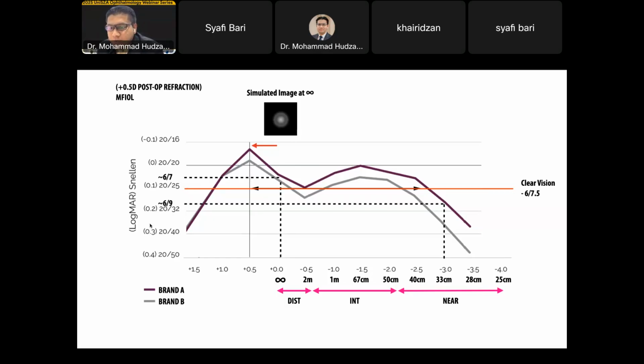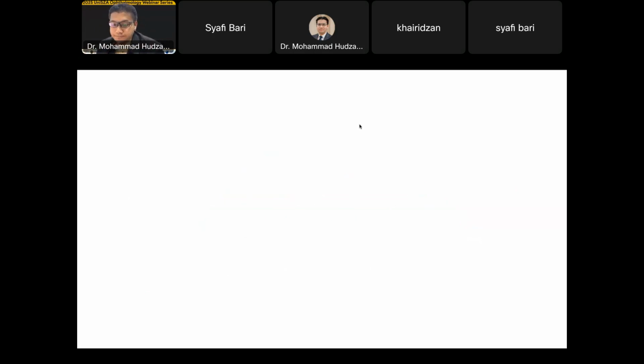So patient will have a very poor near vision and very unsatisfied just because we missed the target away from the plano target based on this defocus. And we see the simulated image at infinity now. Patient also will complain of halos and glare because of this missed target and the shift of the defocus based on our residual refractive error post-op.